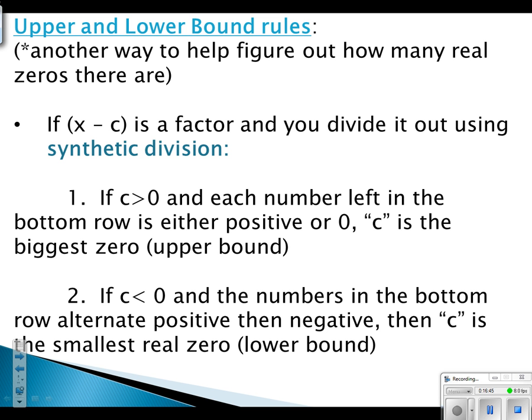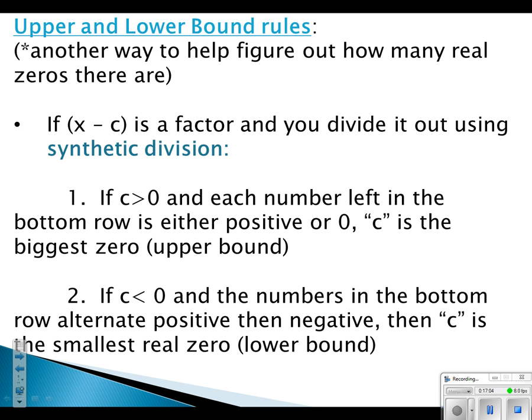All right, here's another thing that could be a time saver for us, upper and lower bound rules. If we have an x minus c factor, and we take it out using synthetic division, we're good at that, we know how to do that.